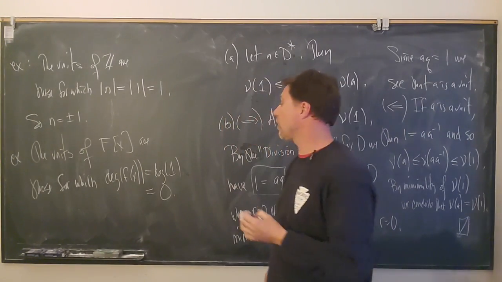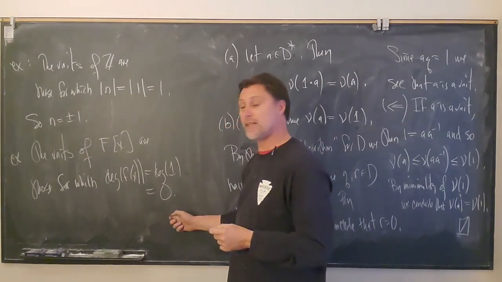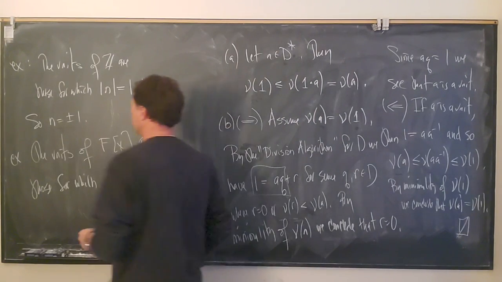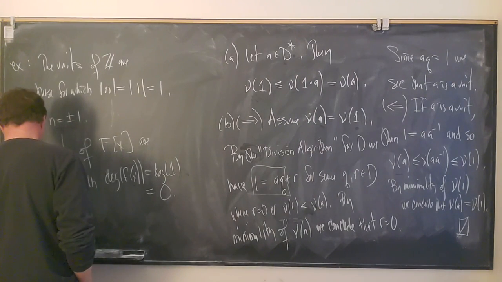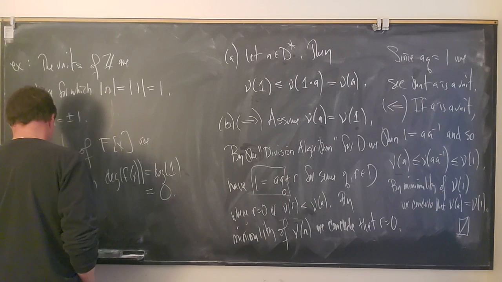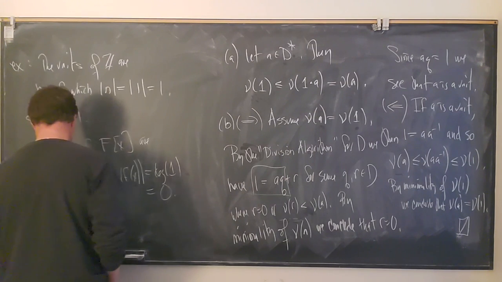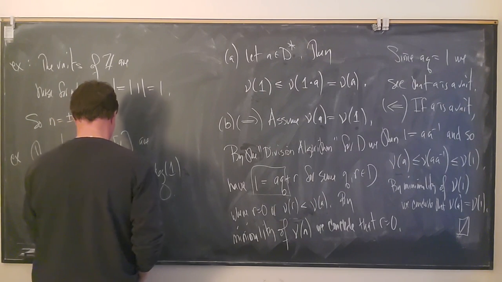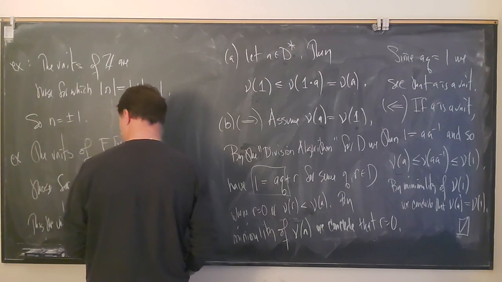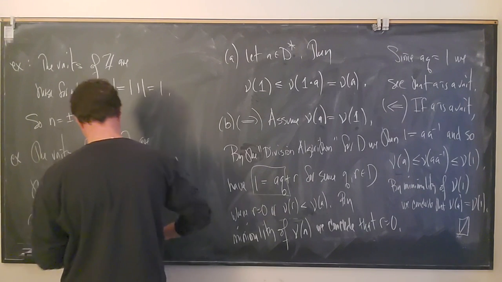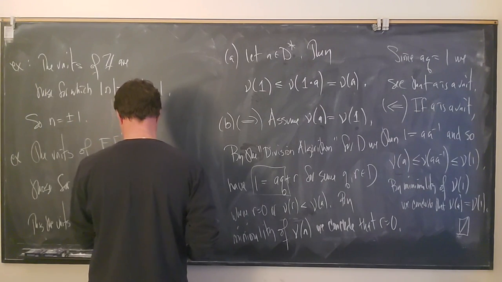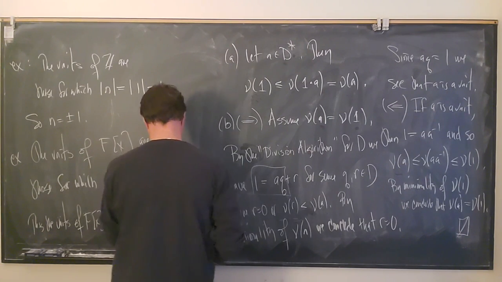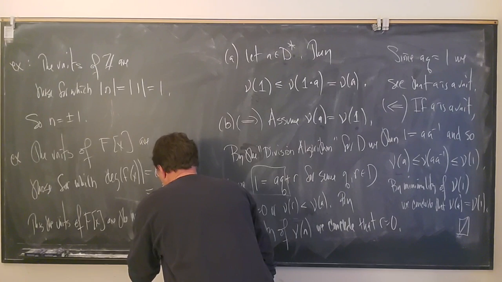So the units are those polynomials that have degree 0, which we know, of course, are the non-zero constant polynomials. So we can say thus, and once again, we already knew this, the units of F bracket x are the non-zero constant polynomials.